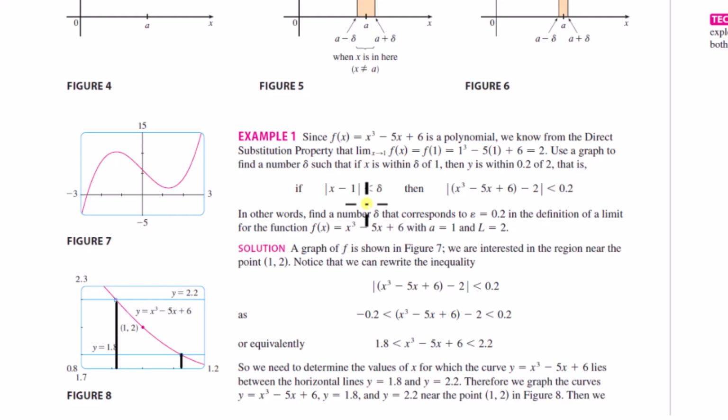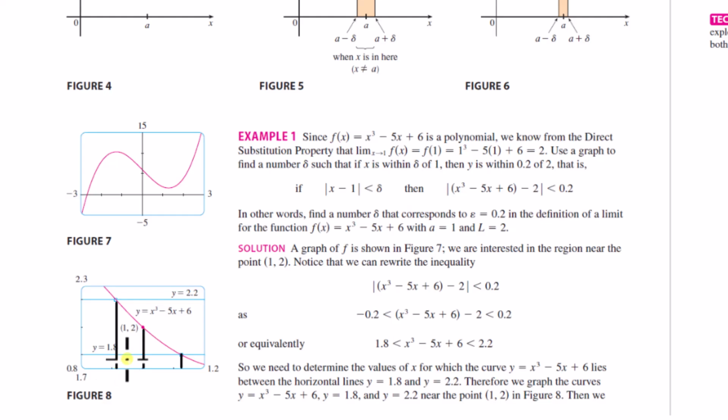What's the corresponding delta? Well, delta is a symmetric value about the limit point, but we can see here that these two x values aren't symmetric about the limit point. This value is a little bit closer than this value, but that's not a problem. We can still answer the question because we just choose the smallest distance of either of these points from the limit point, which is over here, the 0.92.